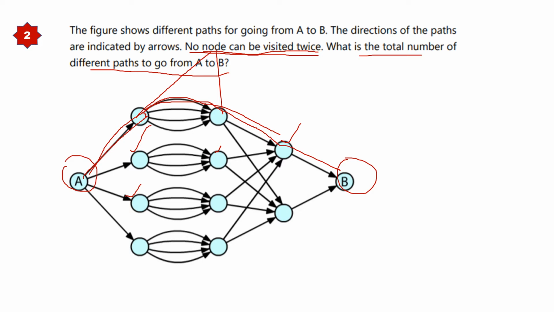Then like that, we can go through this way, or we can go through this way. We have to count, okay? The total number of paths is given by 32.